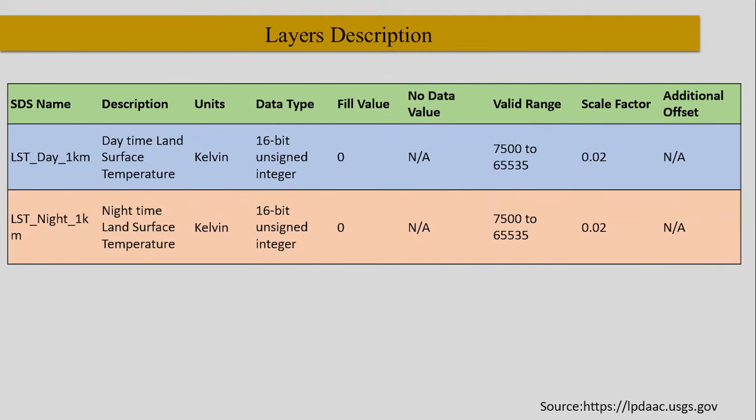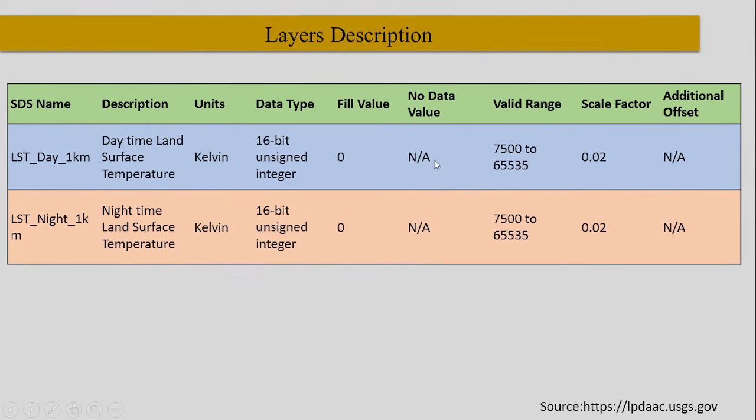Again, the layer description. The entire granule covers 12 layers, and we will learn about the land surface temperature day and night. Here is the description of day land surface temperature. The units of the data are provided in Kelvin, and the data type is 16-bit unsigned integer. The fill value is 0, meaning no data.